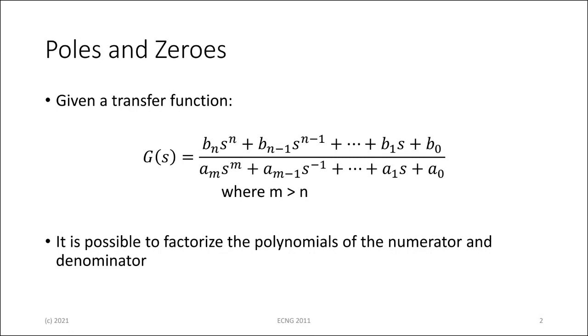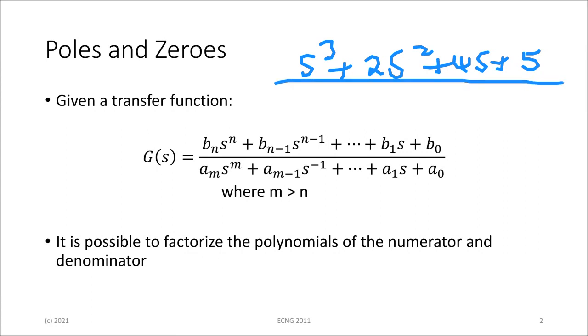See, we had s cubed plus 2s squared plus 4s plus 5 over something like s to the fourth plus 5s cubed plus something, something, something. Let me zoom this back up a little bit.